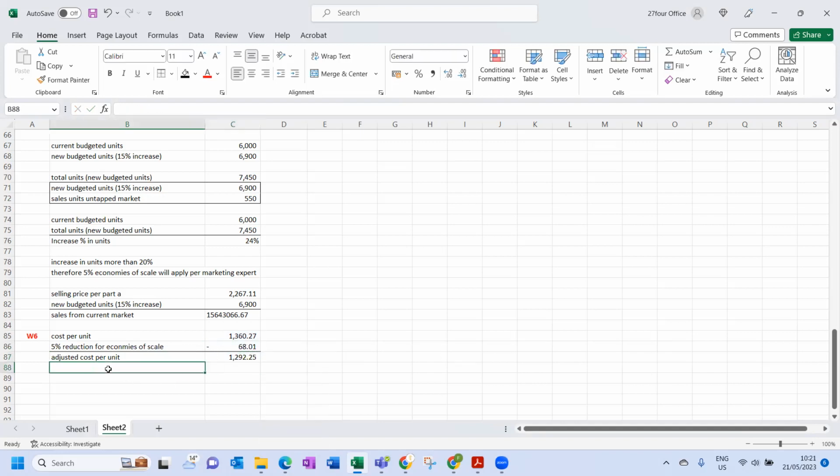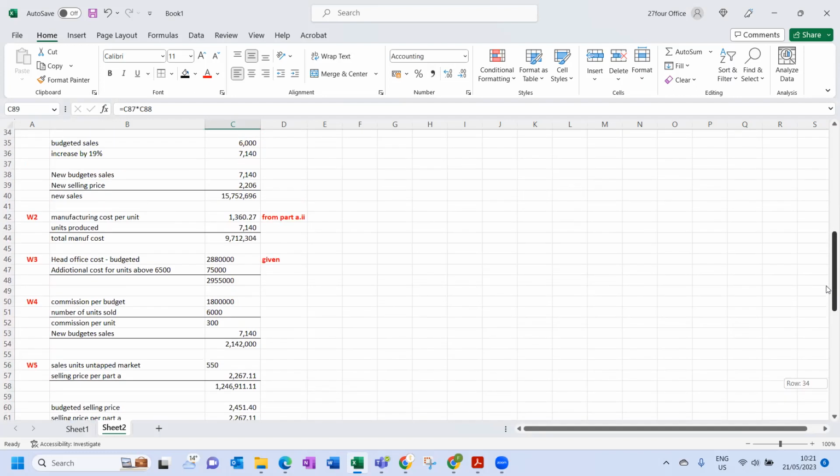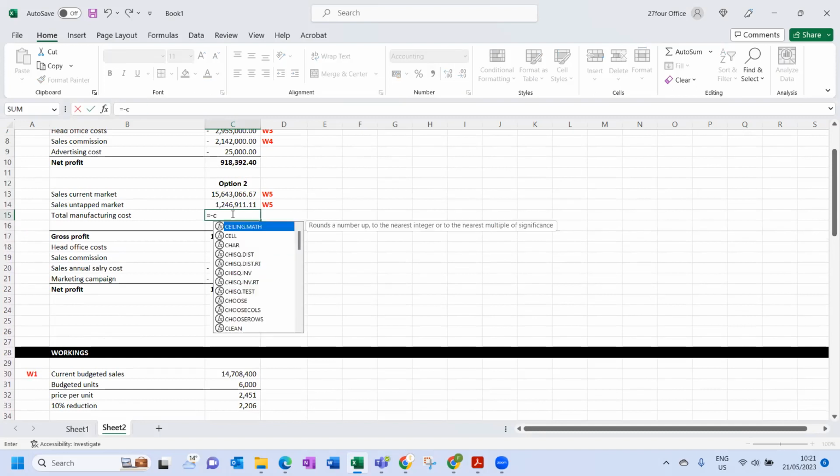So now we're going to use the total number of units. Where's the total number of units? Which is the 7,450, and that will be our new cost, which is just basically whatever that is. So that is C89, equal negative C89.